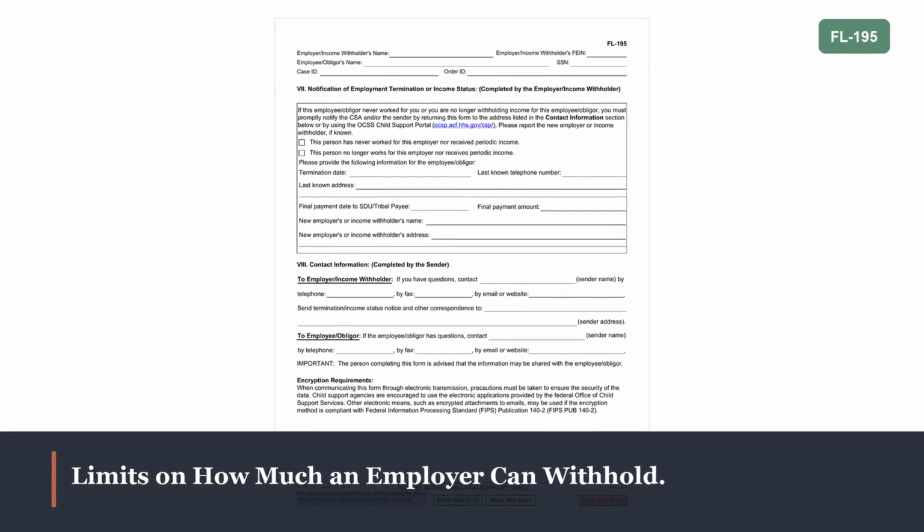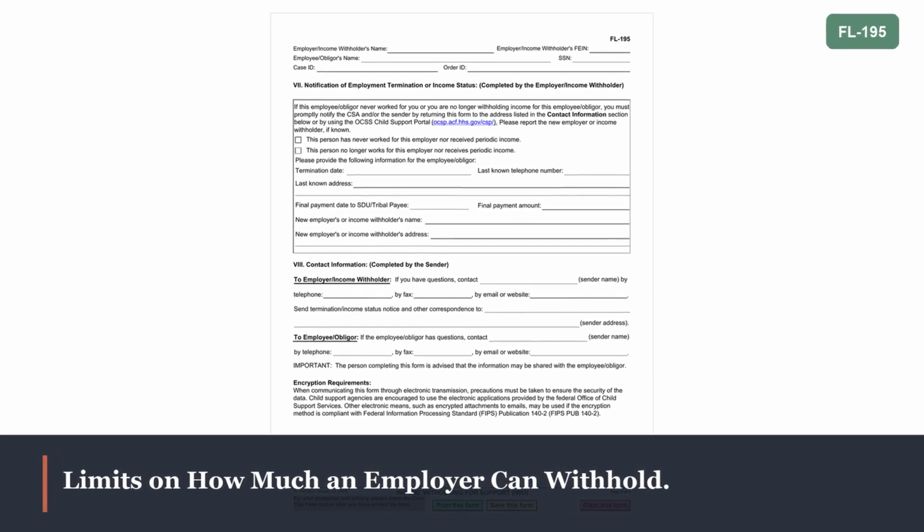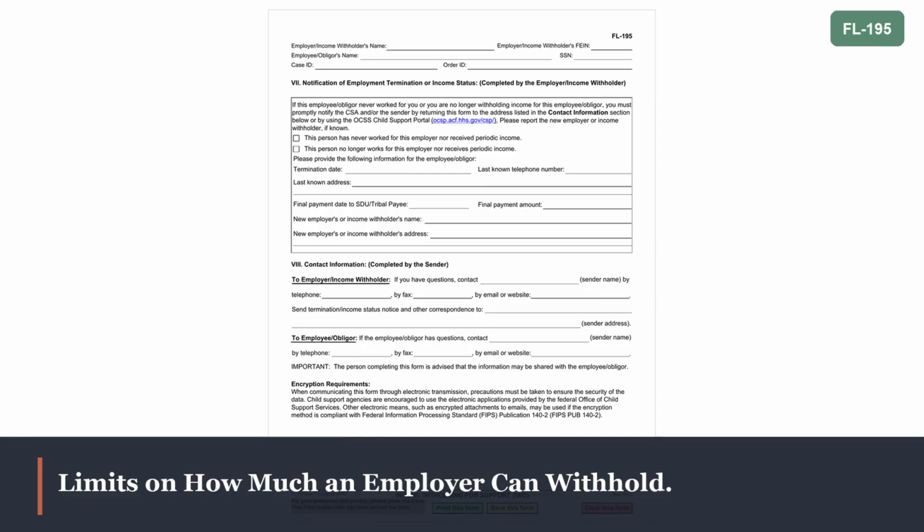Limits on how much an employer can withhold. Employers cannot simply withhold every dollar of a paycheck to satisfy a support order. Federal and California wage garnishment law caps the percentage of an employee's disposable earnings that can be withheld for support, even when there are significant arrears owed.